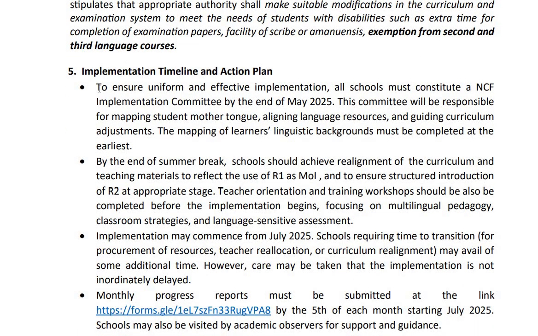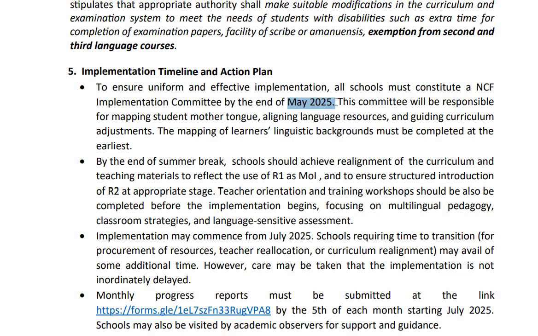To ensure uniform and effective implementation, all schools must constitute a NCF implementation committee by the end of May 2025. This committee will be responsible for mapping student mother tongue, aligning language resources, and guiding curriculum adjustments.